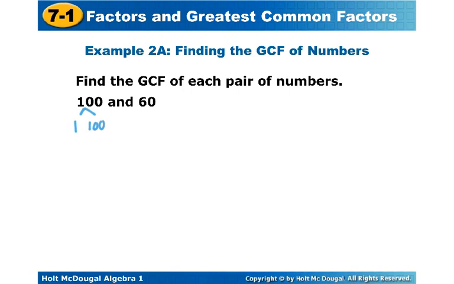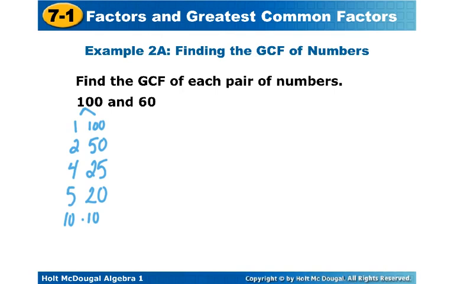And then think about your other factors. You have 2 and 50. You have 4 and 25. And then you're going to have 5 and 20. And then last but not least, you have 10 times itself. So just 10 and 10.